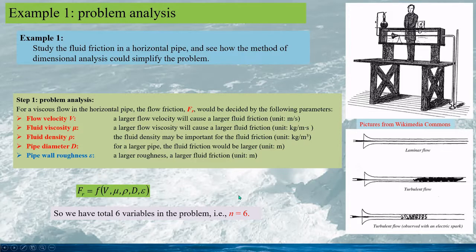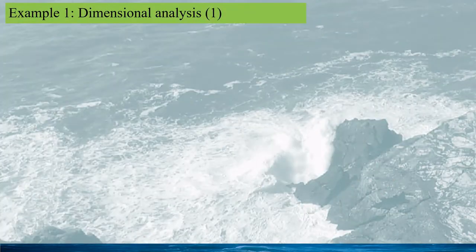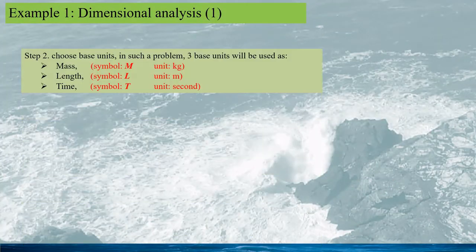So, we have a total of 6 variables in the problem. Step 2 is to choose the base units involved in the dynamic system. In this case, and for most other fluid dynamics problems, if energy or heat transfer is not involved, the base units are 3.